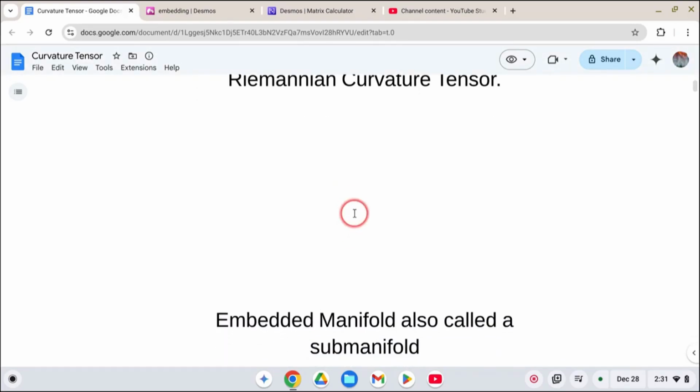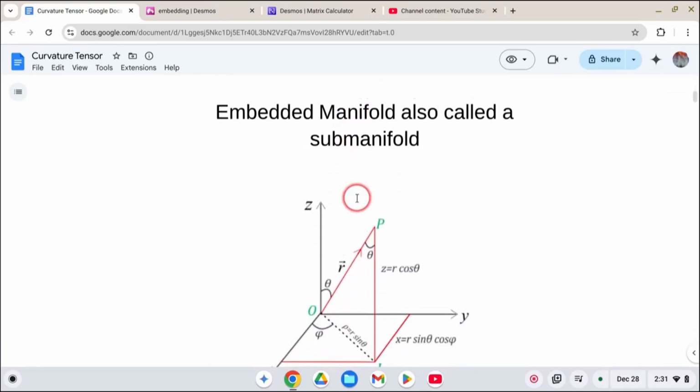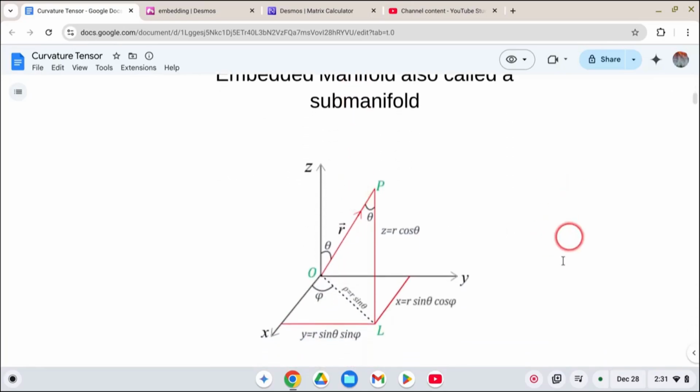So we want to start with what's called an embedded manifold. It's also called a submanifold. Now, here's what we're going to do. We're going to embed a sphere with a constant radius inside of a three-dimensional Cartesian space, right?